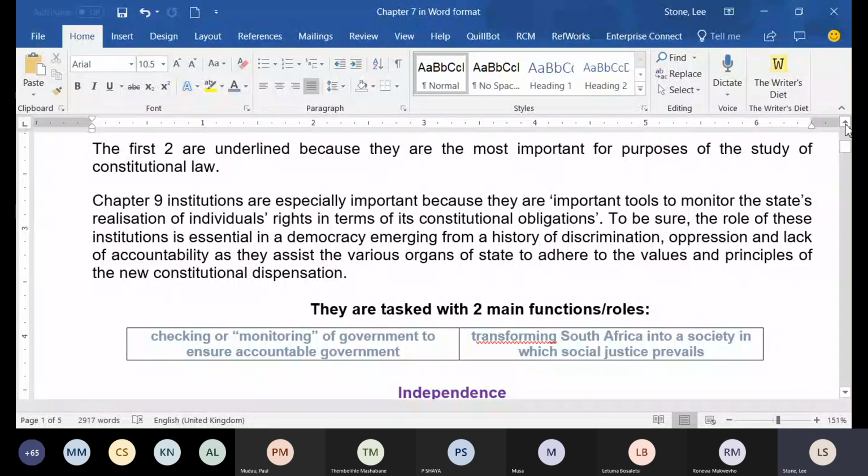So we hope to convey that it is these two institutions that are actually able to give effect to these objectives.